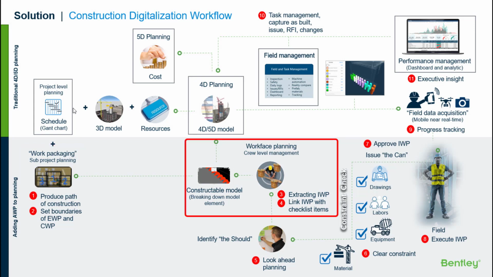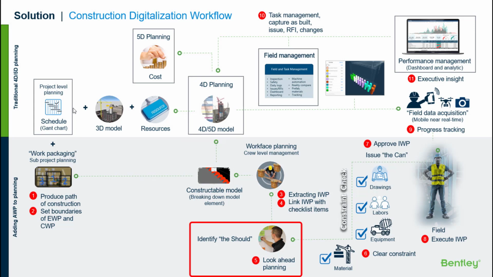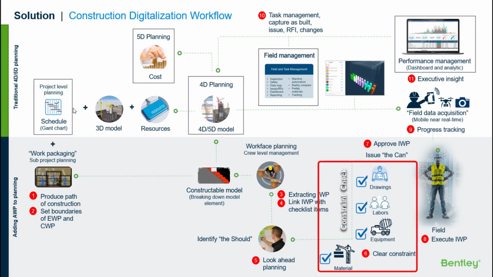Next, we can start extracting the IWPs and link them with the checklist items. Now, we can identify the should-start and start our look-ahead planning, which will kick off the constraint check, ensuring all the required drawings, labor resources, equipment, and materials are added to the packages.